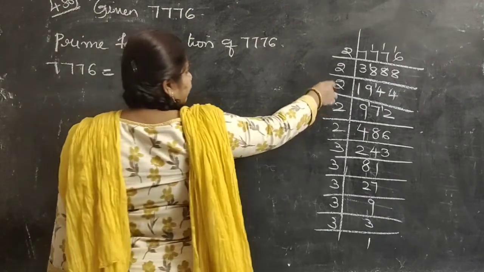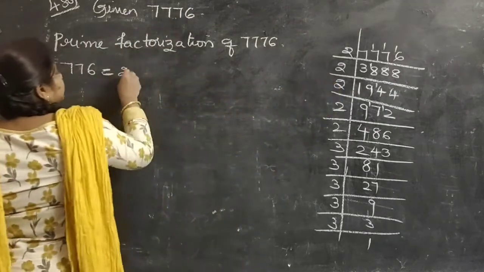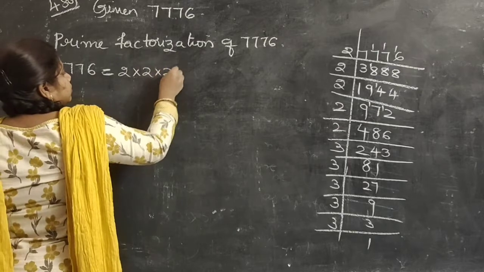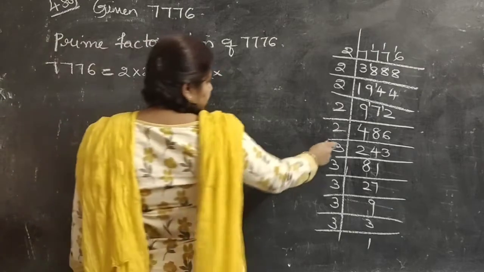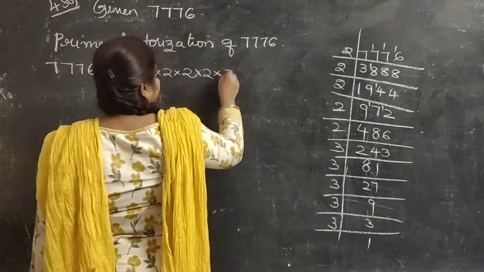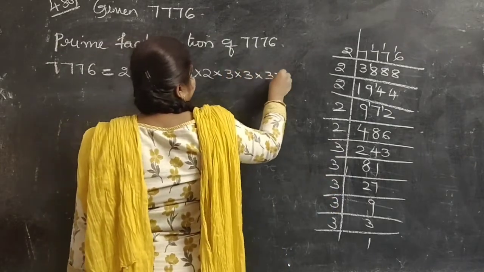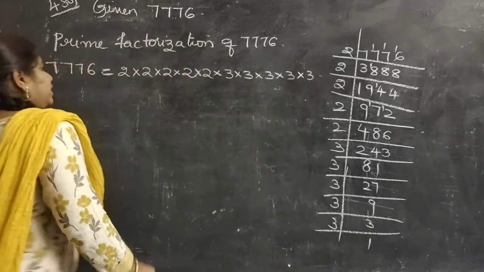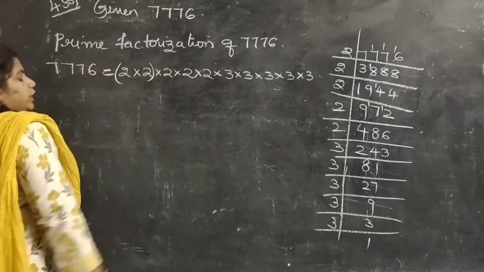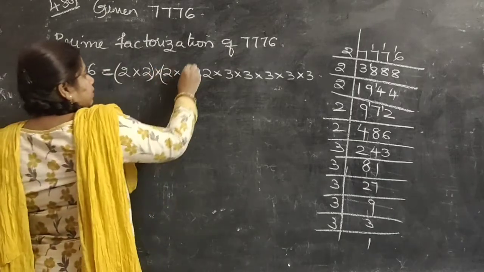How many 2s are there now? 5 2s are there. Threes. So now make it as pairs. Every two equal factors is equal to one pair.